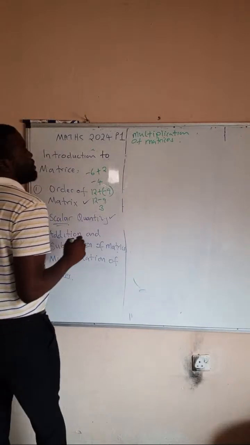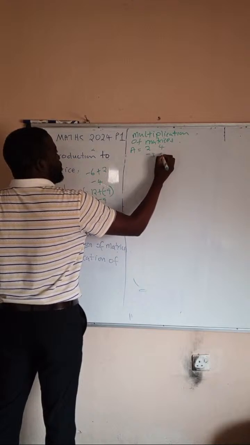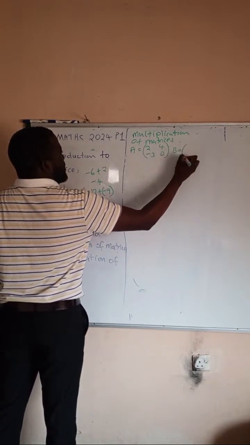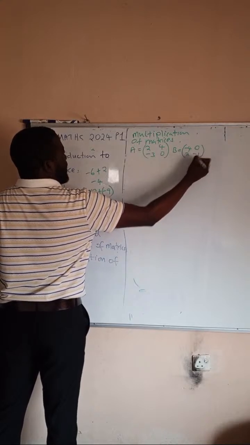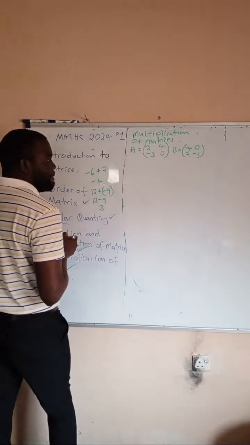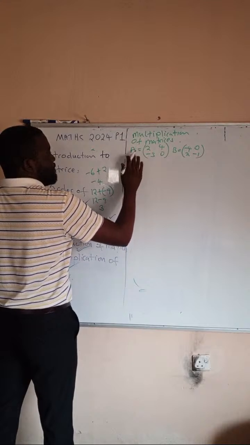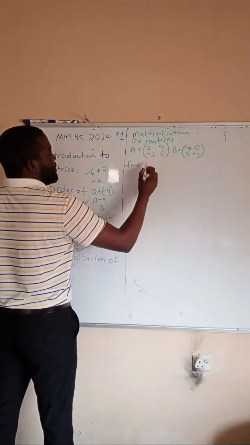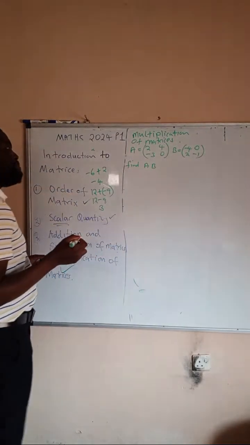For example, if they give you matrix A, it is 2, 3, 4, 0, and matrix B is -4, 2, 0, -1. And then they say, find AB.